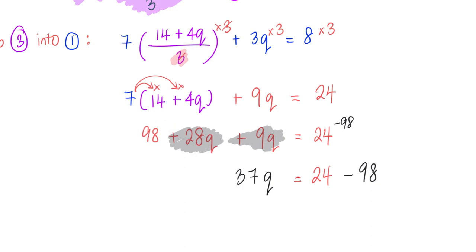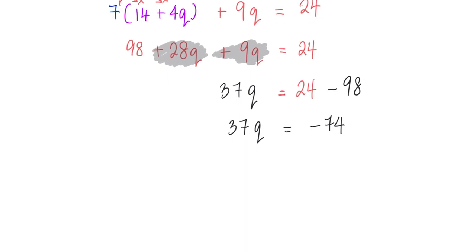That's what happens. Okay, and now back to the equation. So eventually I will get the following: negative 74. And finally, I will need to divide by, yes, 37.